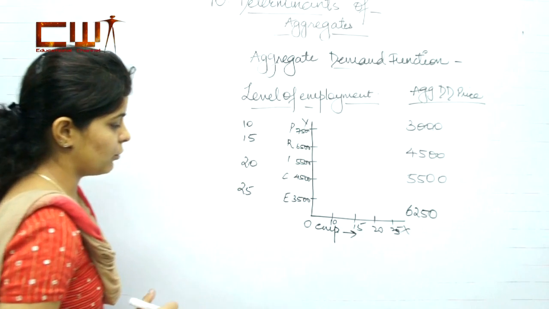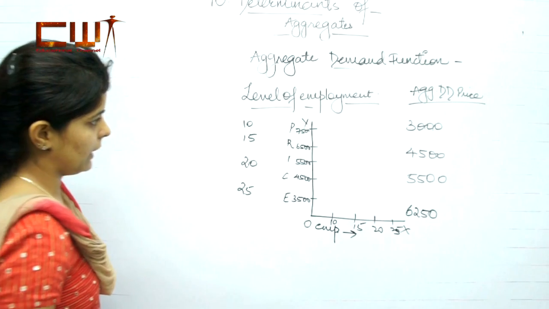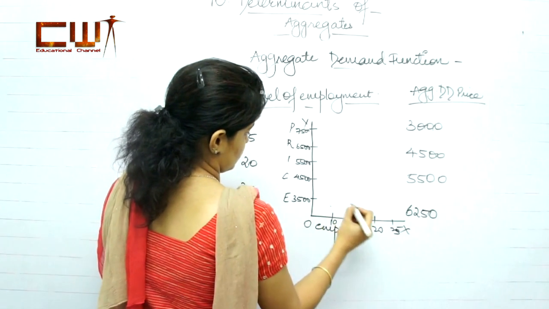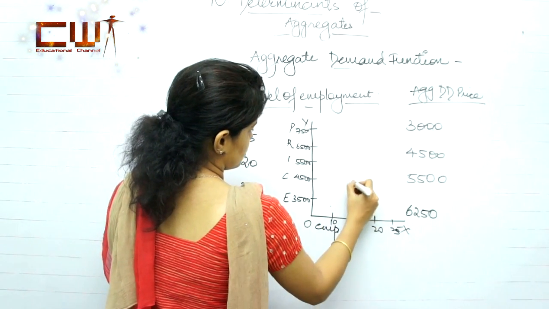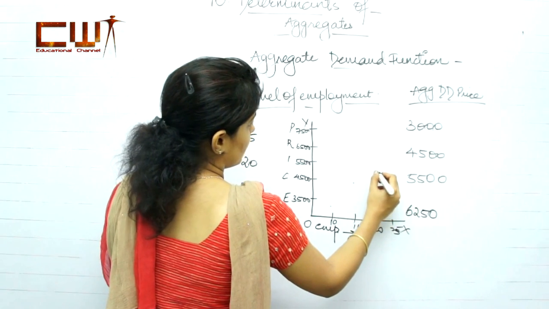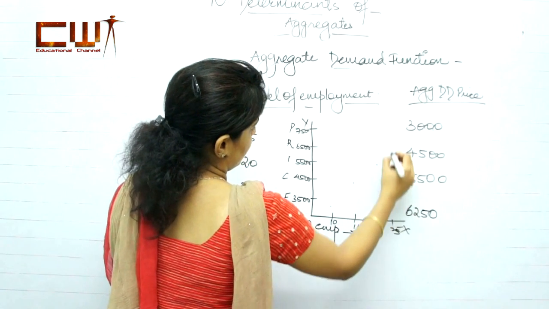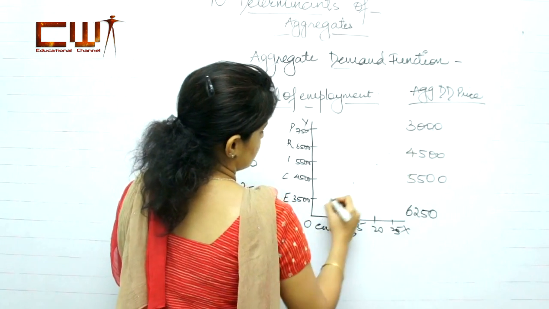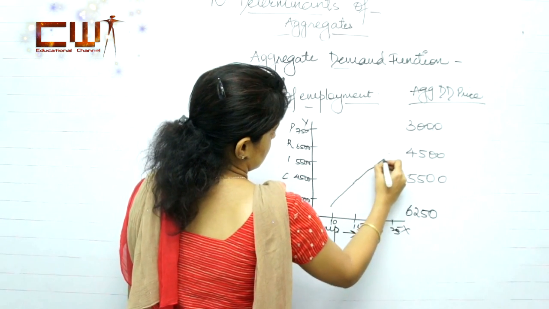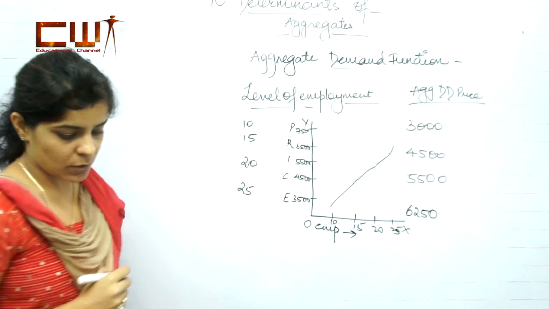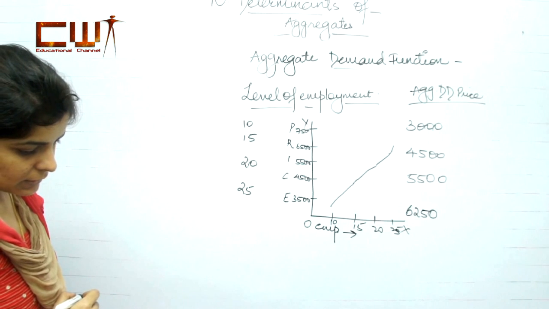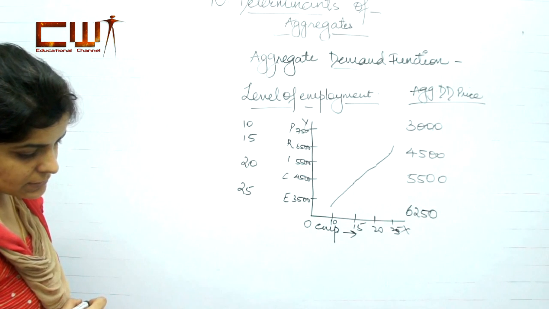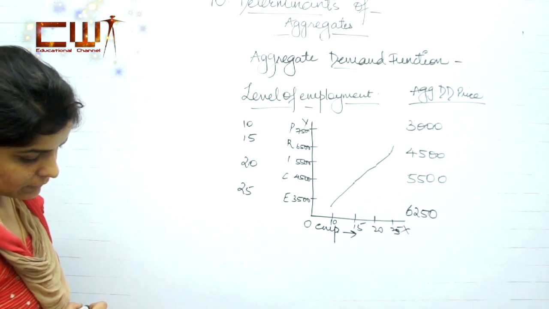This is what you can do. At the level of 10, it is how much? 3,000. At 15, it is how much? 4,500. At 20, it is 5,500. At 25, it is somewhere 6,250. This is what you have. The demand slopes upwards from left to right.